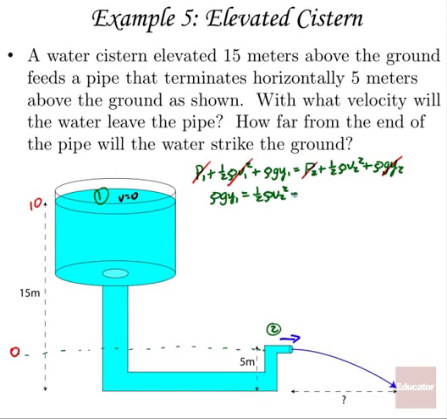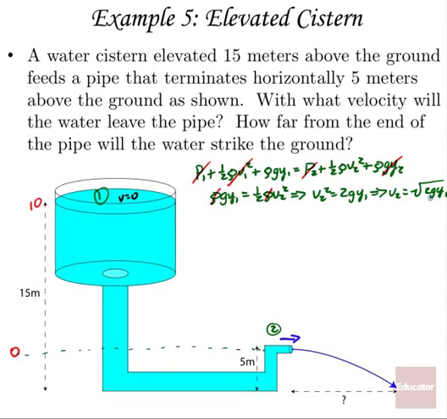As we substitute in our values, first off, we can get rid of the rho's. GY1 equals 1/2 V2 squared, or V2 squared equals 2GY1, or V2 equals the square root of 2GY1. Notice how similar that looks.